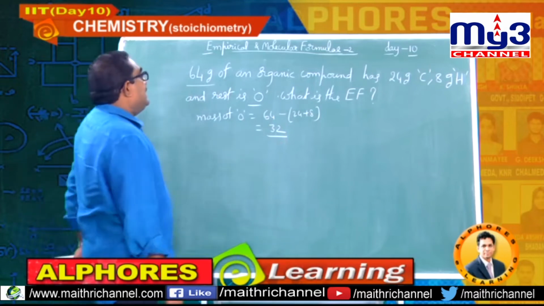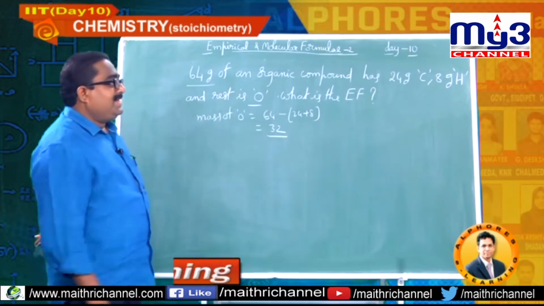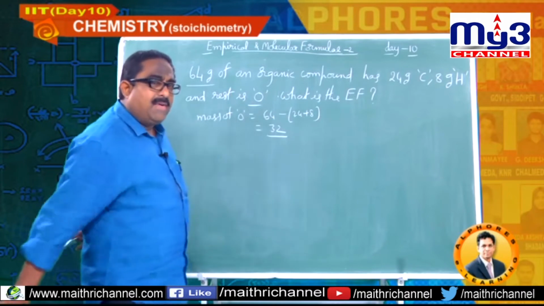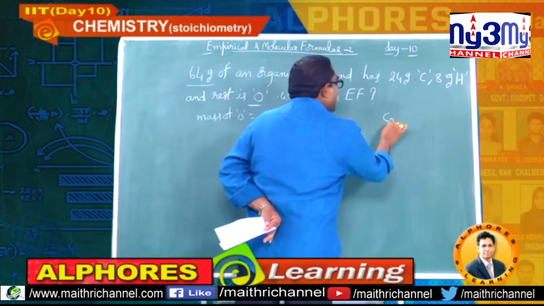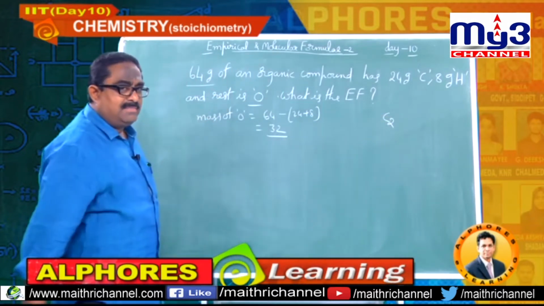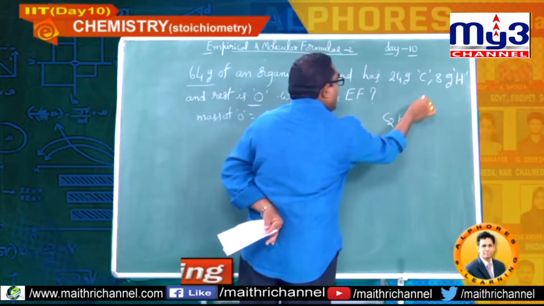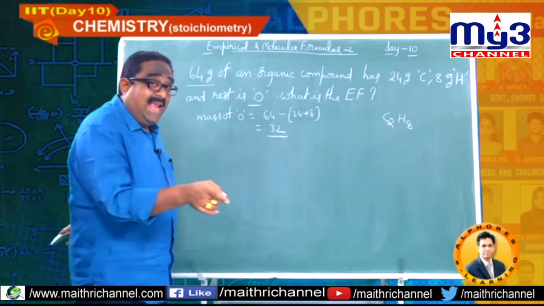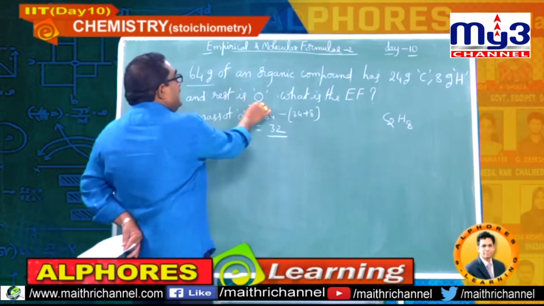Now, 24 grams carbon means 2 twelves. What is the carbon atomic weight? 12. So simply you can write C2, 2 into 12, 24. Observe, students, very important. Hydrogen atomic weight is 1, but 8 grams he has given, so I can write the formula as C2H8. The rest is oxygen.